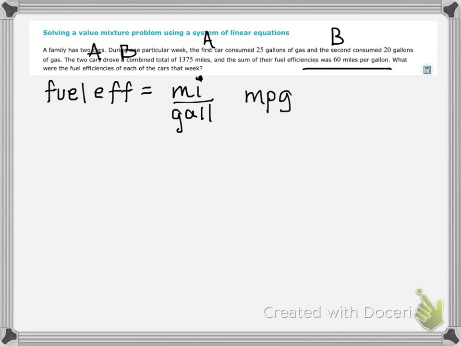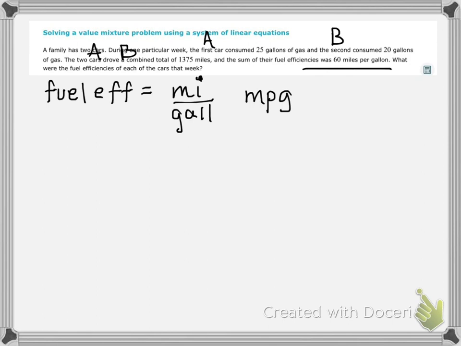And that's what my A and B are up here: the miles per gallon for A and the miles per gallon for B. So let's see if we can do the miles per gallon for A and the miles per gallon for B and get 2 equations here.